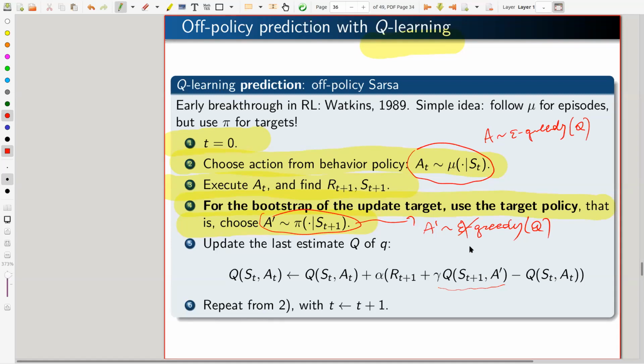I say part of the target because remember this part of the target comes because of the action A, and the action A is made with the exploratory policy. Also, the next state comes with the exploratory policy. So I just insert in the target this small correction that is enough to make the algorithm give you the optimal policy. You see, this is the usual update rule in the language of target and error.